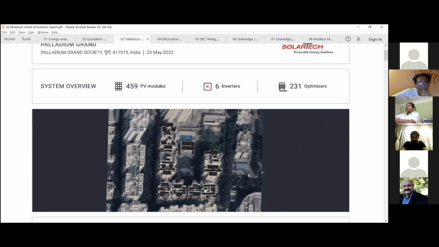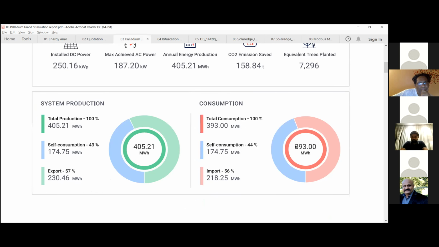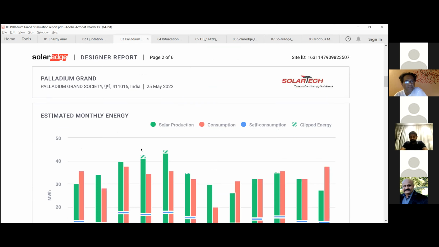So on a very basic scale, our consumption is around 393 megawatts on a yearly basis, whereas we can generate around 405 megawatts in a year. So this is actually a simulation report. This is a technical bit.